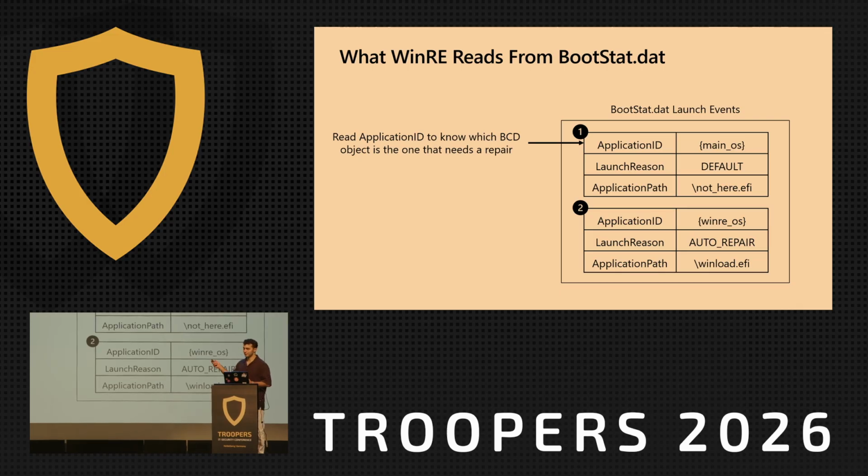In our case, that's the first one, corresponding to the failed OS launch. And WinRE reads the application ID, reads the corresponding BCD object, and directly uses its OS device element. Now, the reason that we use BootStat here is because, in automatic repair, things probably went wrong in the boot, and one of the things that could go wrong is, of course, the BCD layout and so on. So that's the reason that we use BootStat in that case.